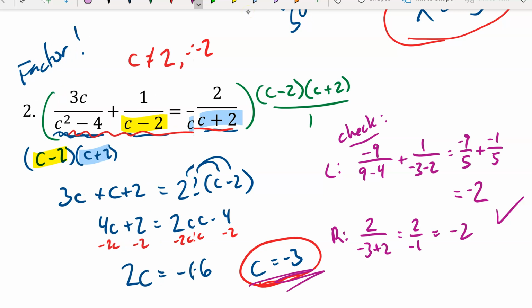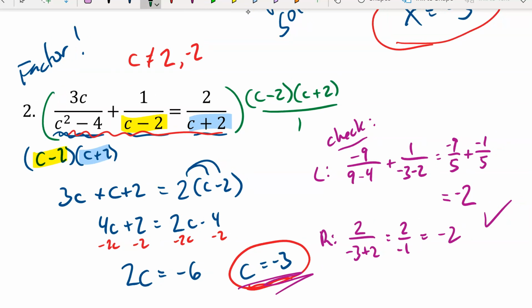So let me just take a moment to point out the general strategy here. We start by factoring any denominators to find what we need to multiply by to clear all of the denominators. And then we do that. We will either get, hopefully, a linear equation or a quadratic equation, something that we can solve with other techniques.